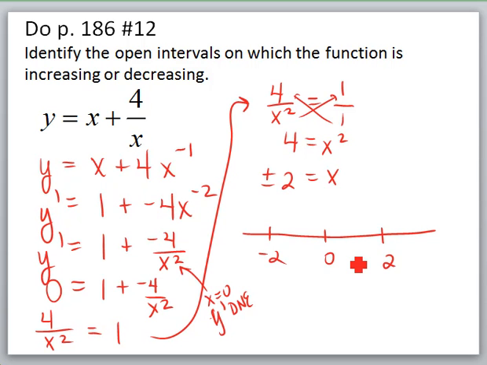Now, when I go to test the values, I'm going to test whether or not the slopes of the tangent lines of the curve are positive or negative. So I'm just going to pick a value between 0 and 1 first. I could start down here on the end, but I'm not going to. So between 0 and 1, what is the slope of the tangent line? I don't actually have to have the exact value. I will actually continue this on the next video.